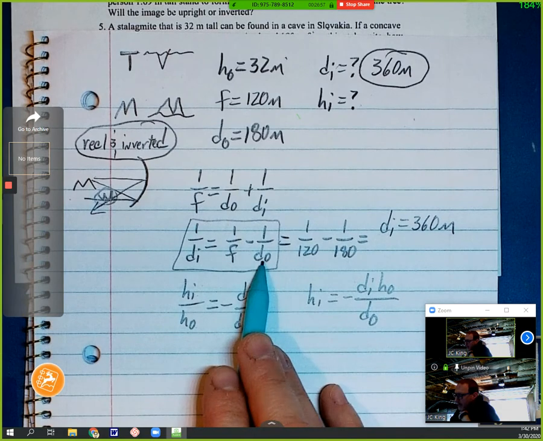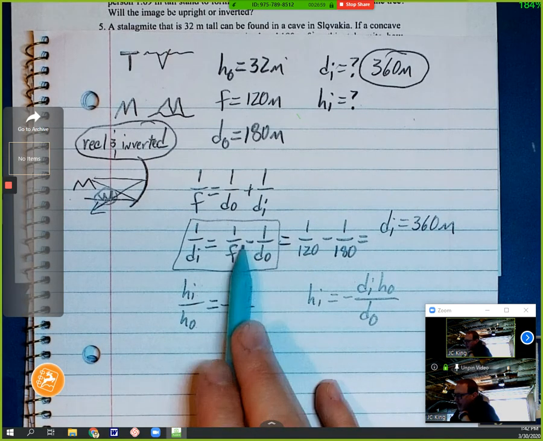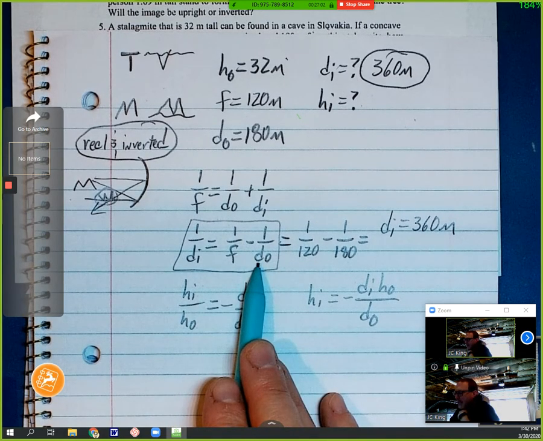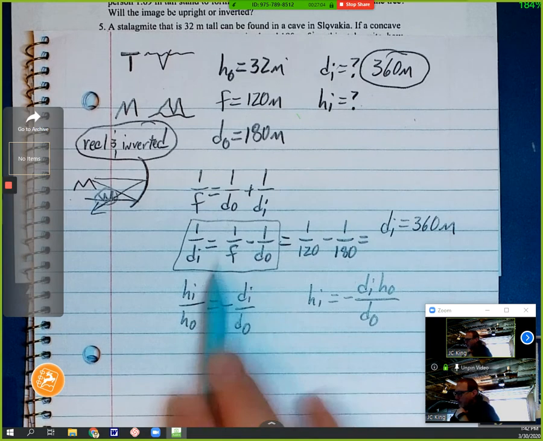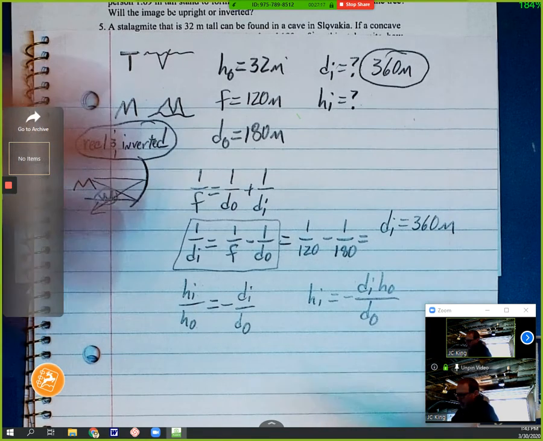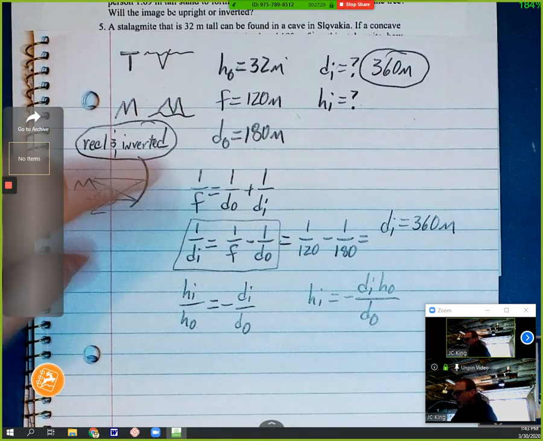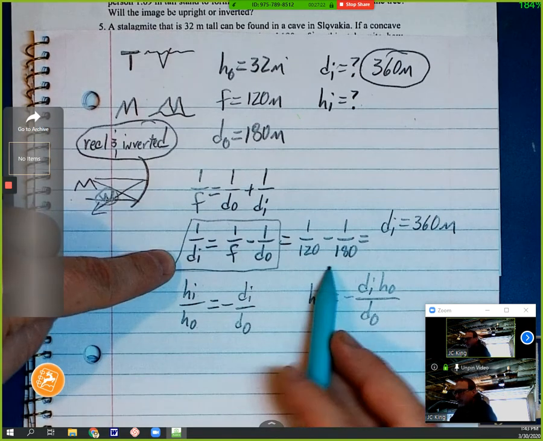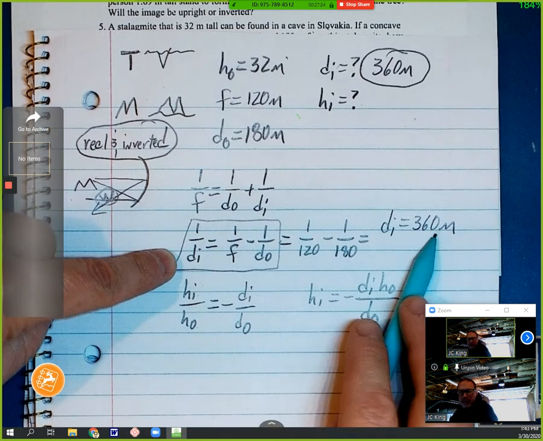And if I do 1 over 120 minus 1 over 180, then I get 1 over 360. But my calculator doesn't let me know that it's 1 over 360. It's some kind of weird 2.7 something times 10 to the negative whatever. And so I inverted that to get what the di was. I did that just by taking 1 divided by the answer that it gave me, which is how I got that 360.